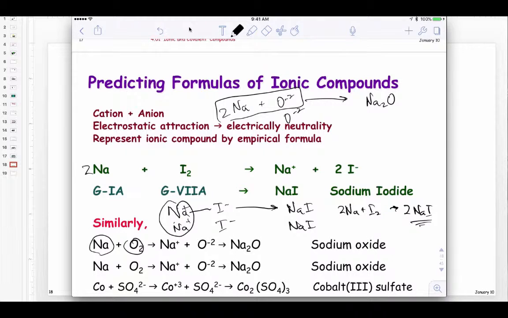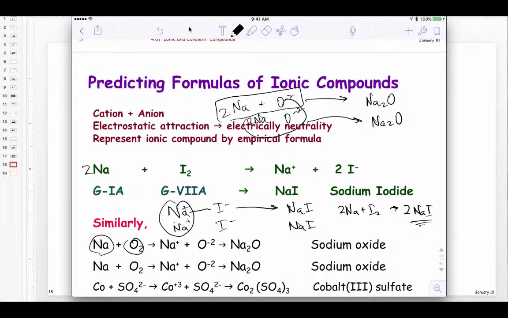Since you have 2 oxygens here, that means that you have a total of 4 sodiums to form 2 sodium oxide.